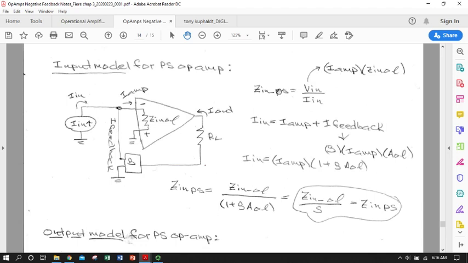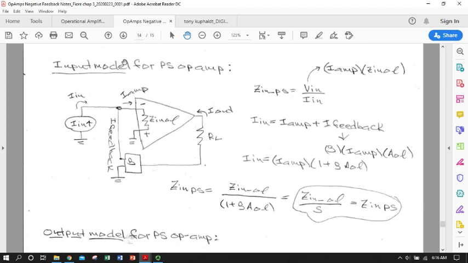But we have this relationship that relates open loop input impedance to total current and current going into the amplifier, that ratio. So we can rearrange this, use the sacrifice factor, and come up with a total expression for our parallel series input impedance in terms of the spec sheet readable input impedance divided by the sacrifice factor.